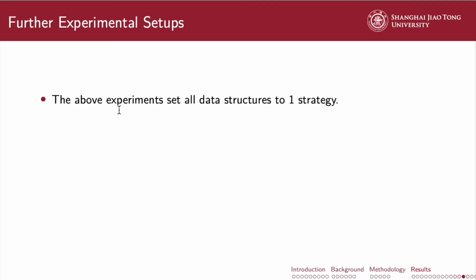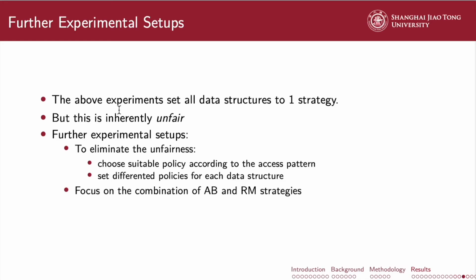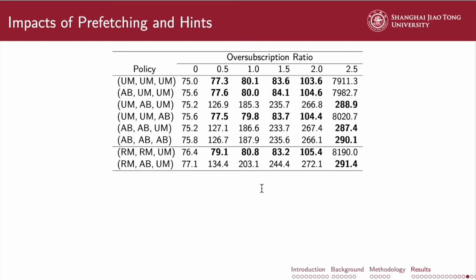We further set different policies for each structure. Because the number of combinations is large, we chose the policies by focusing on the combinations of AB and RM. Here is the result. Without oversubscription, the gap between the policies is negligible.